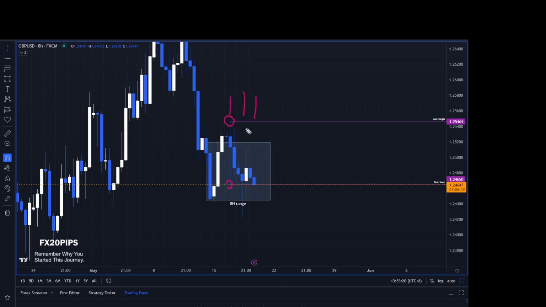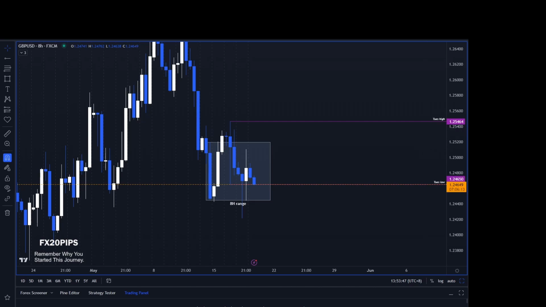Currently price seems to still be within this level. We'll see whether this 8 hours candle closes anywhere below the Tuesday low. It still has 7 hours to go. We shall see how it forms, whether it is a continuous bearish.